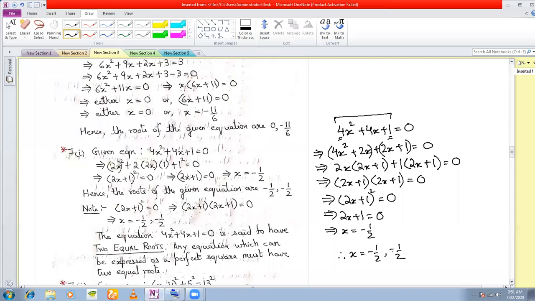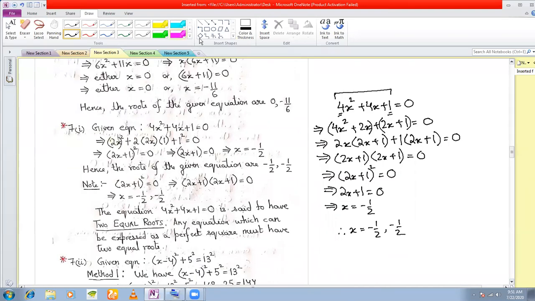Now what you see here is something very important, which I think I may have mentioned in the last class also, that if a quadratic equation has equal roots, just like in this, the left hand side of the equation can be expressed as a perfect square.